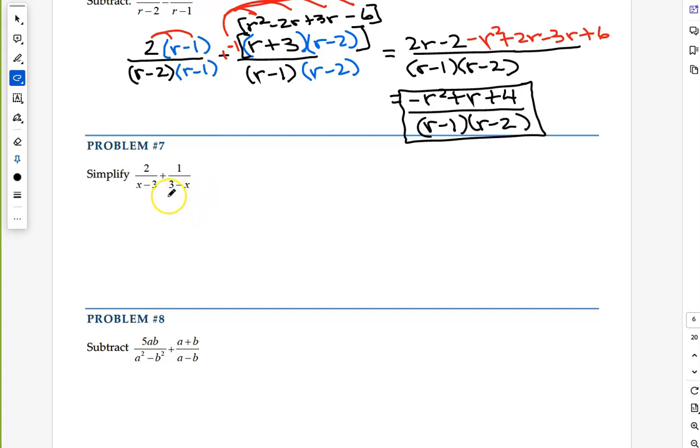So I'm going to change this to be negative r plus 3. And then when I look at it, I can say, oh yeah, that's not the same as x minus 3. I've got negative x plus 3. However, they look really close to each other, and I can see my leading term is negative. So what happens if I factor a negative 1 out of that? What would I be left with?